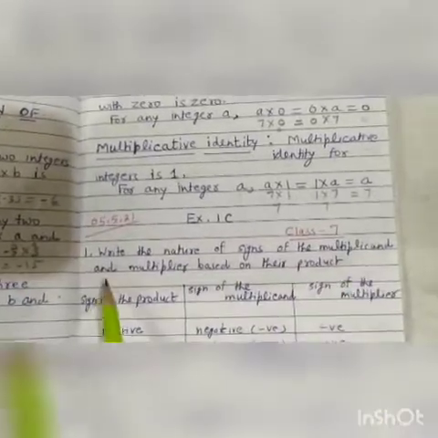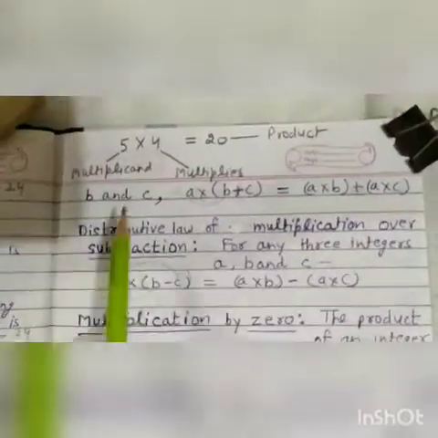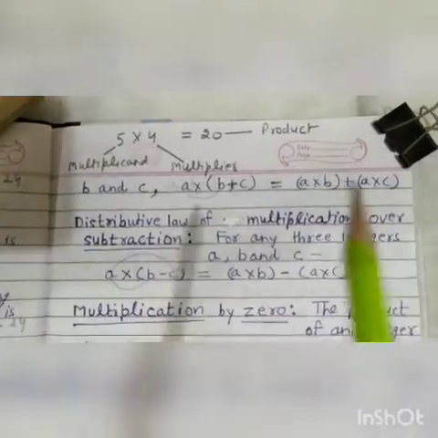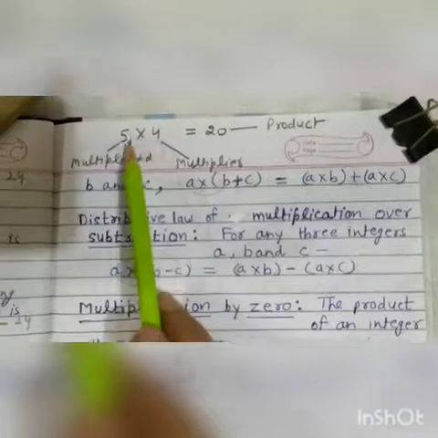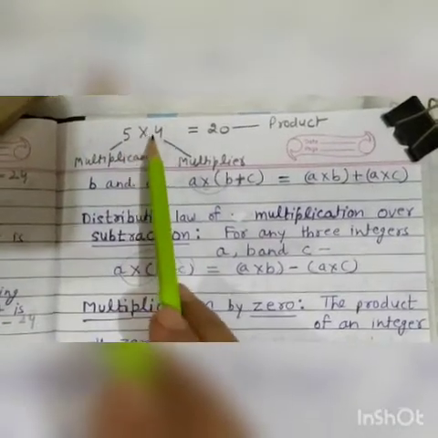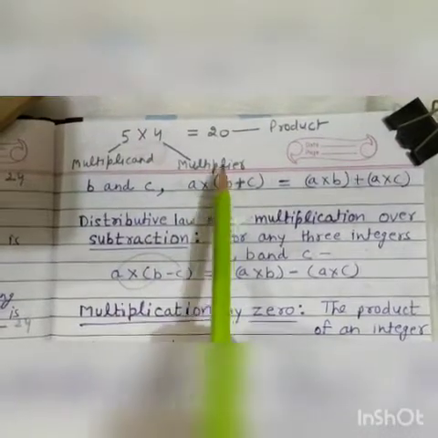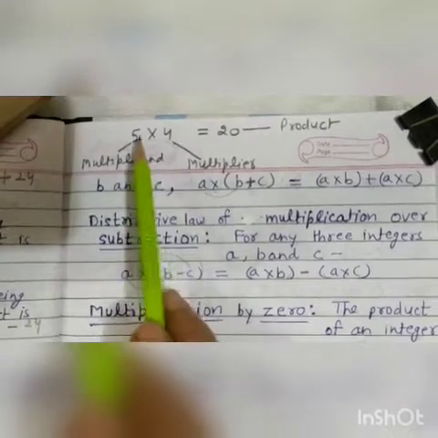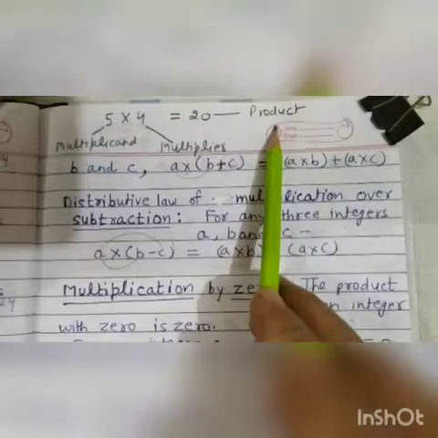Students, first you should know what is a multiplicand and what is a multiplier. Suppose we are multiplying 5 into 4. The number by which we are multiplying, here 4, is known as the multiplier, and the number which we are multiplying, 5, is known as the multiplicand, and the answer of their multiplication is known as the product.